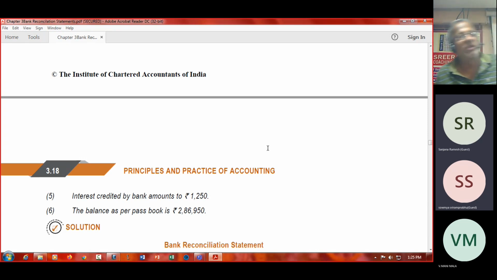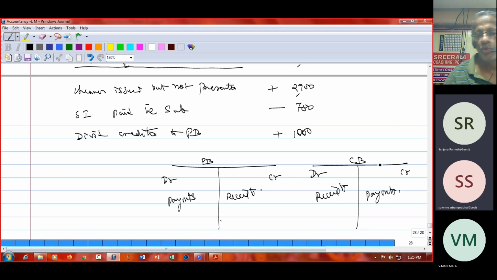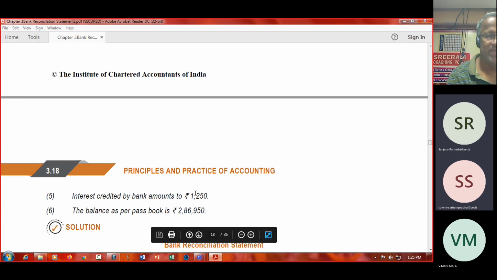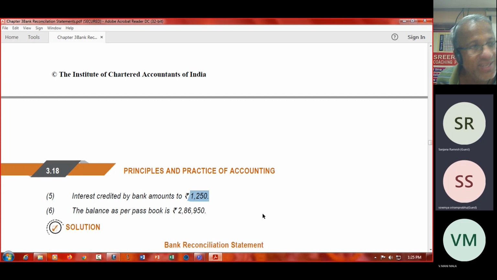Which side of the cash book will this item appear? Debit side. In the passbook, which side will this item appear? Passbook credit side. Once again you are committing a mistake, my dear. Please be careful. The 1,250 will appear on the credit side of the passbook. You have to call this unrepresented credit.